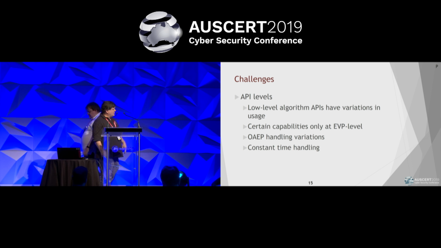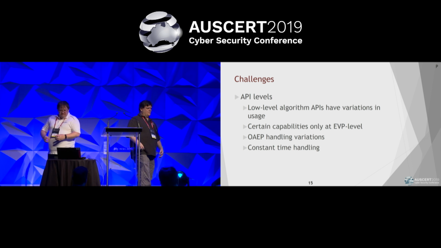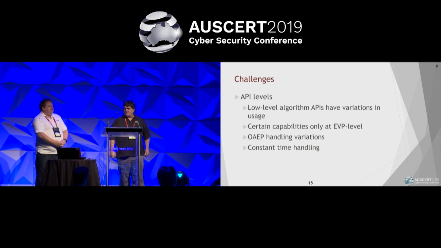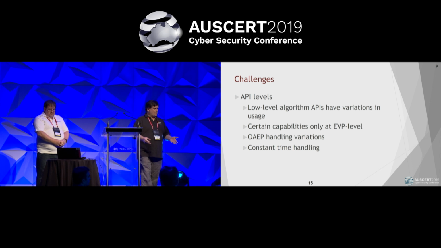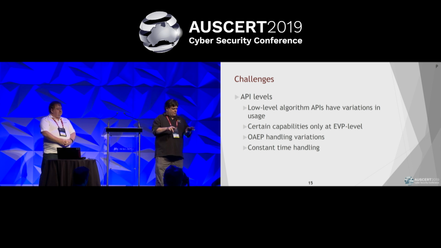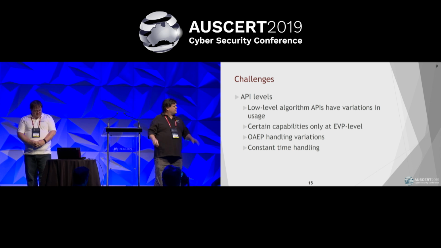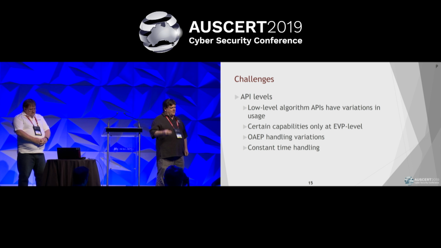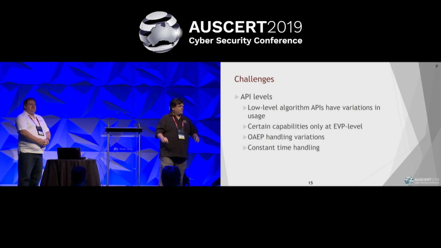Okay, not all OpenSSL users use the APIs at the same level. We have low-level APIs where you just call the raw crypto function and do all the rest of the management yourself. We have higher level APIs where a lot of that's taken away and it's a black box that does this piece of crypto.